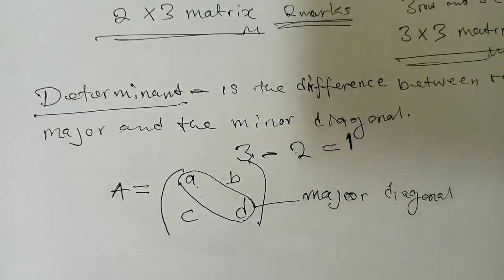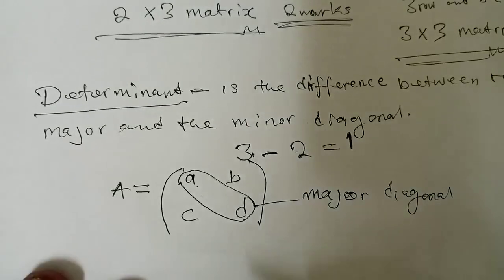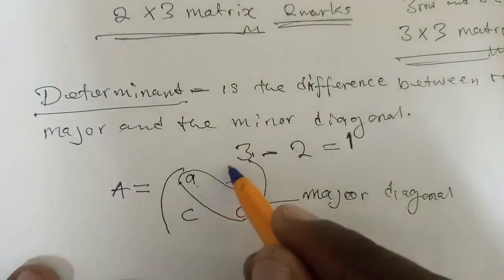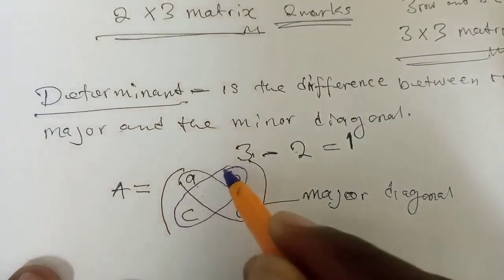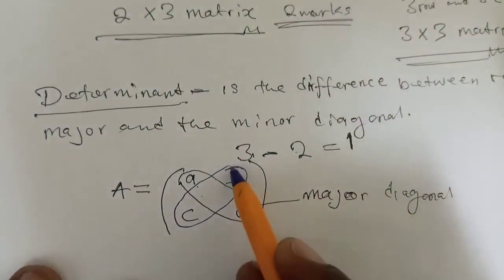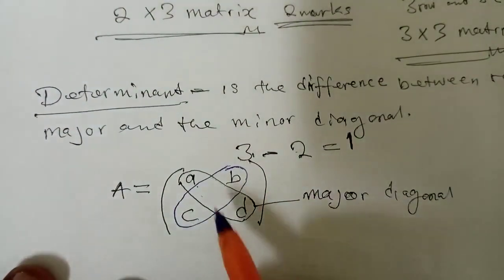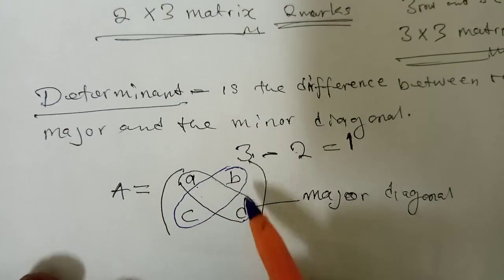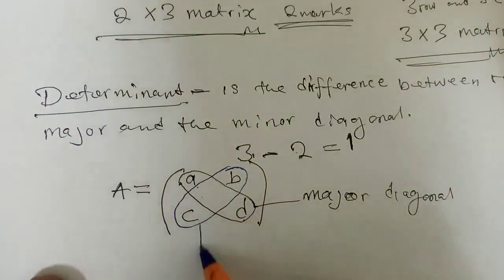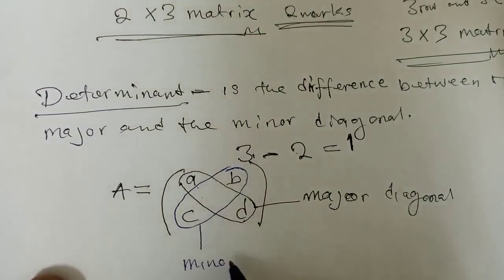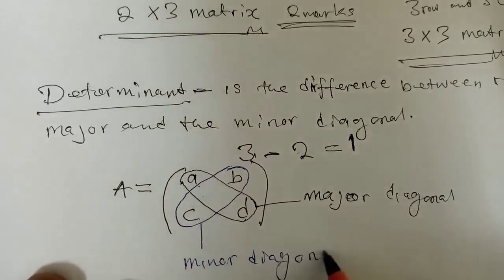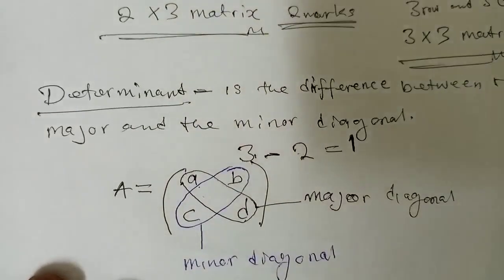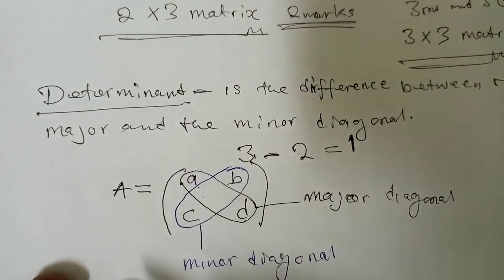Now how about the minor diagonal? I'm going to use a different pen so that you understand. The minor diagonal is this part, like that. This is a blue pen, I'm sure you're able to differentiate. This one is what we call the minor diagonal.